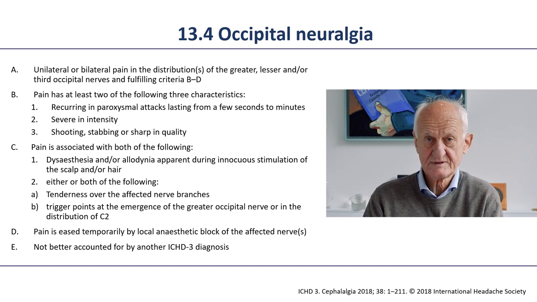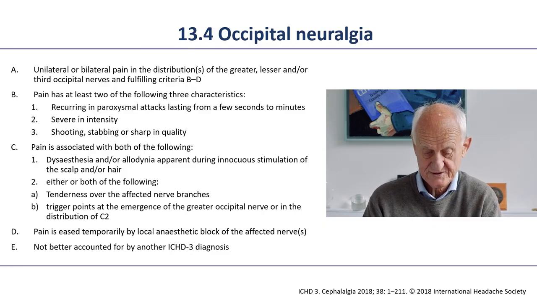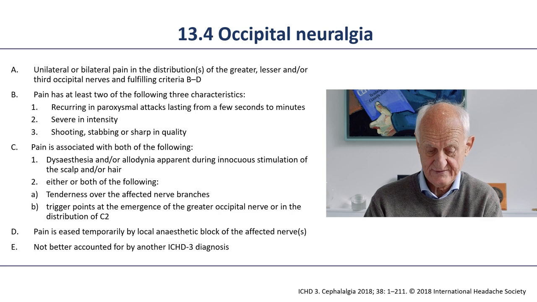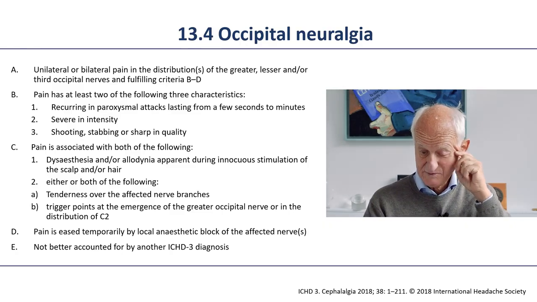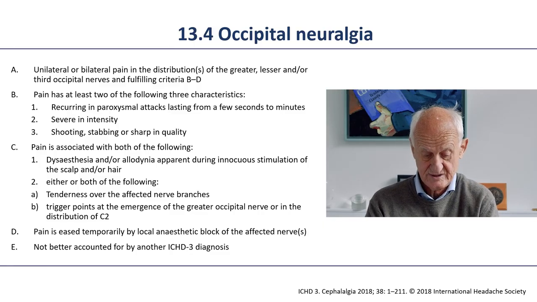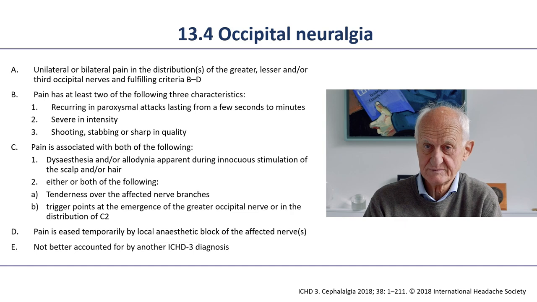But in occipital neuralgia, there are some additional diagnostic criteria, because pain has to be associated with dysesthesia or allodynia in the affected area, and it also has one of two, either tenderness of the affected nerve branches or trigger points in the emergence of the greater occipital nerve.